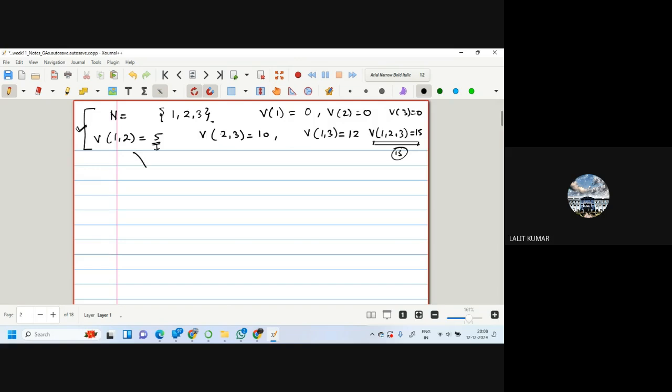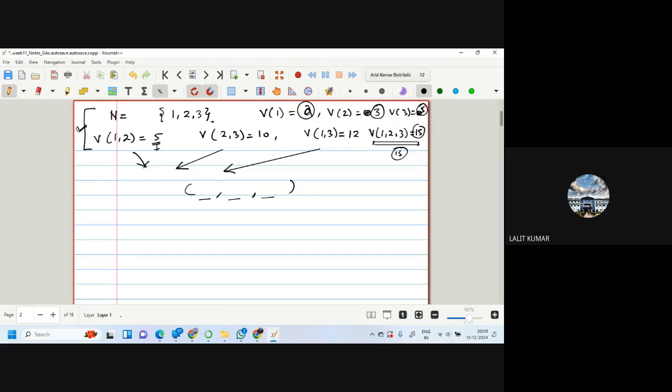So now based on this data, their individual values, for example, I can say here individual was 2, it was 3, and this was 5. Now how to distribute this total coalition value among these players? This was a challenge, or this is a problem which has been addressed here in these lectures.